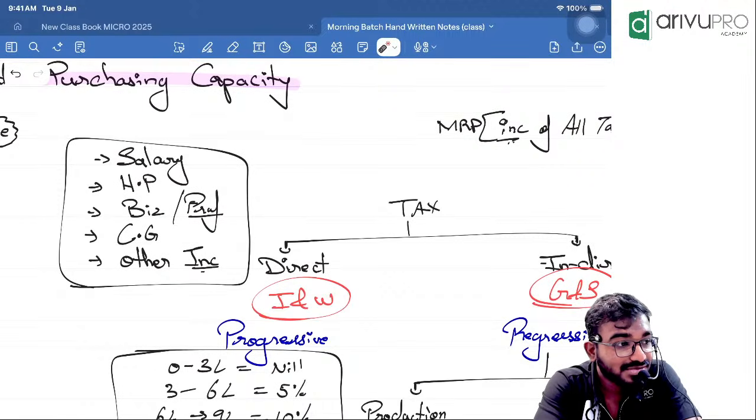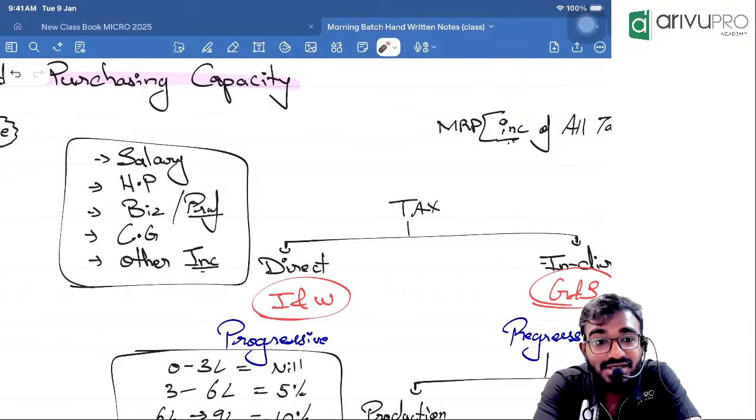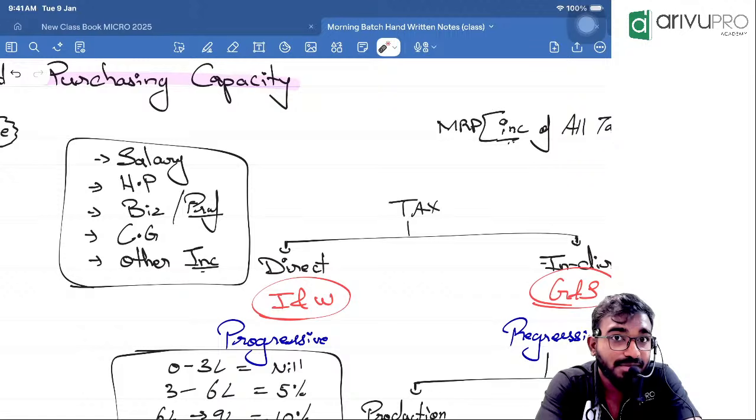That is the highest. And hardly 2%, consider 2% only, of the entire population will contribute to the direct tax of the country. Just understand, of the 145 plus crore population, hardly 2% contribute to direct tax, and 98% of the people are beneficiaries of those 2% people.